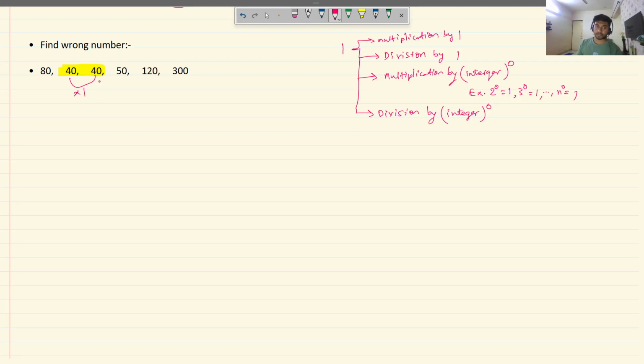in a series, right? So let's see how we are getting 40 from 80 by multiplying half or dividing by 2, then multiplied by 1.